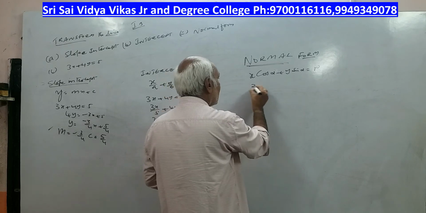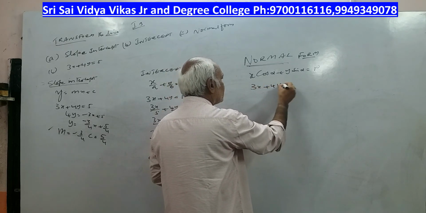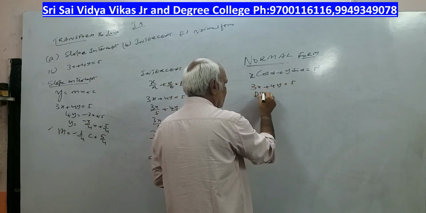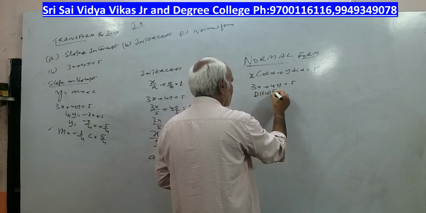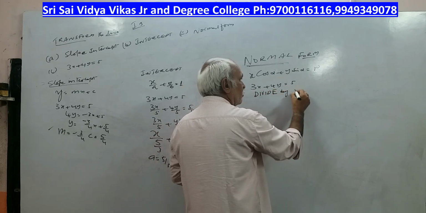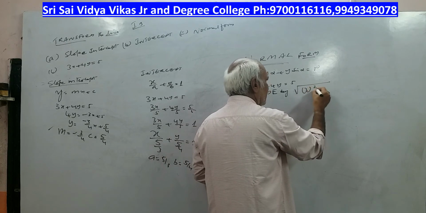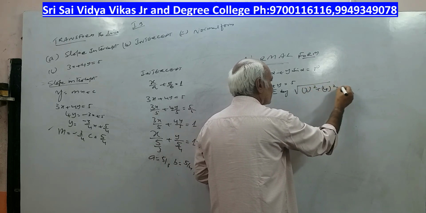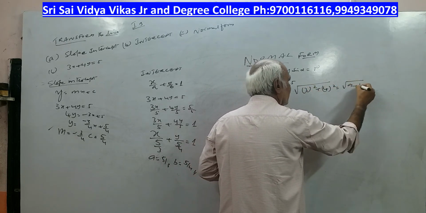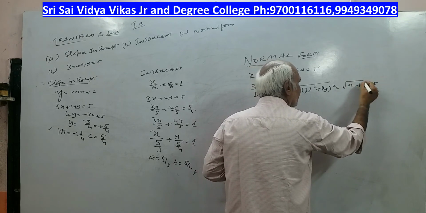Next, most important is this, normal form. So, divide by root of 3 square plus 4 square. That is 9 plus 16, which is 25, root is 5.